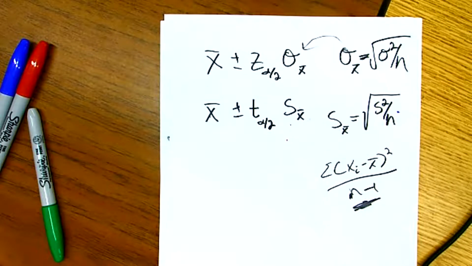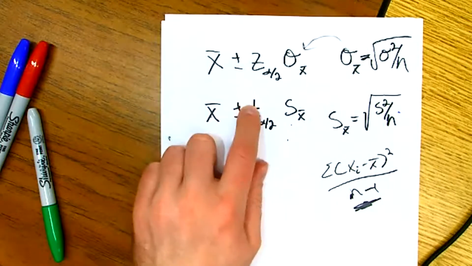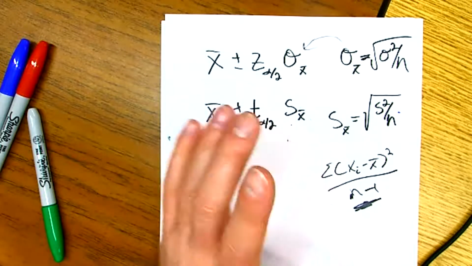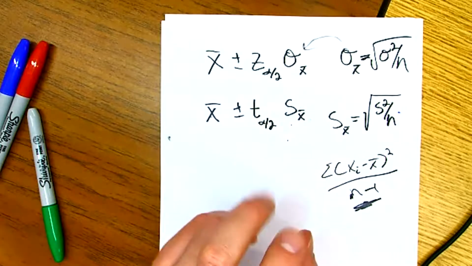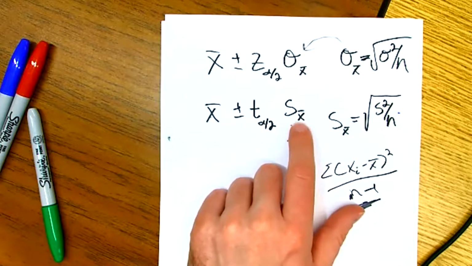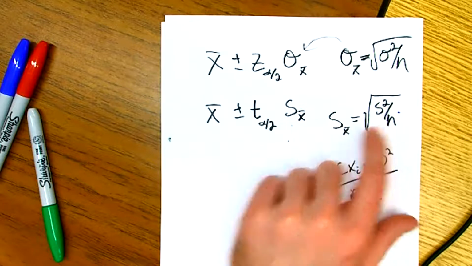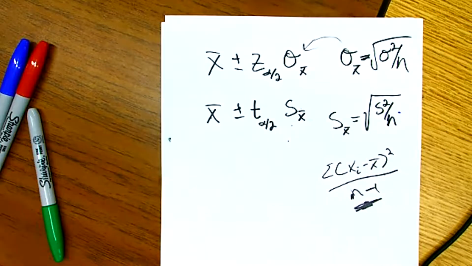So the procedure is still the same. It's just that we're going to have to use a different distribution. Because when I try to create z-scores using the standard deviation of my sample means with a sample variance, they aren't z-scores. They come from a distribution that's not standard normal, so it's not a mean 0, variance of 1.